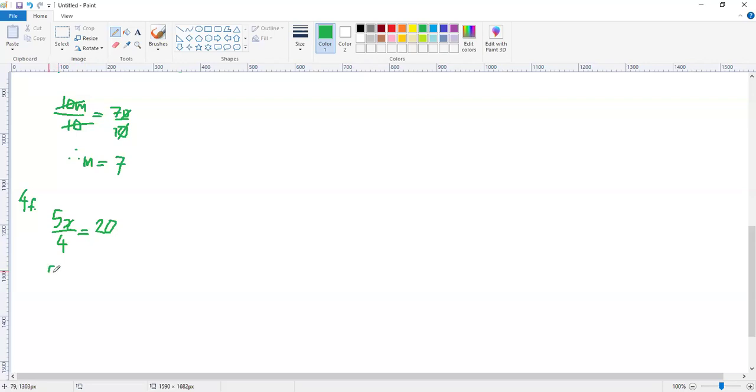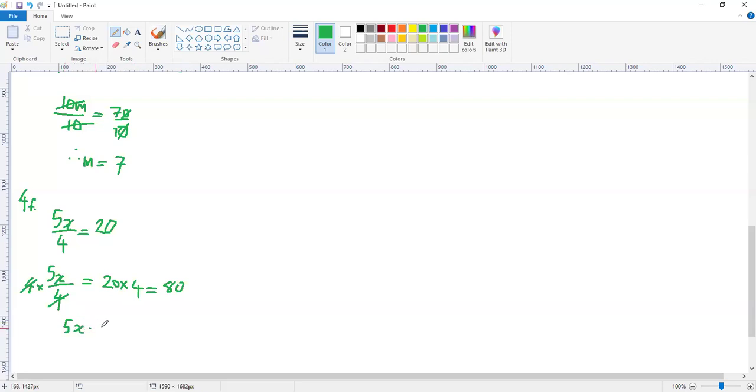It's the same principle, just for us to be able to take out the denominator, because that denominator is kind of standing in our way. So if I multiply both sides by 4, I have this side being 20 times 4, which is 80, right? And the second to the last step will leave me with 5x equals 80.